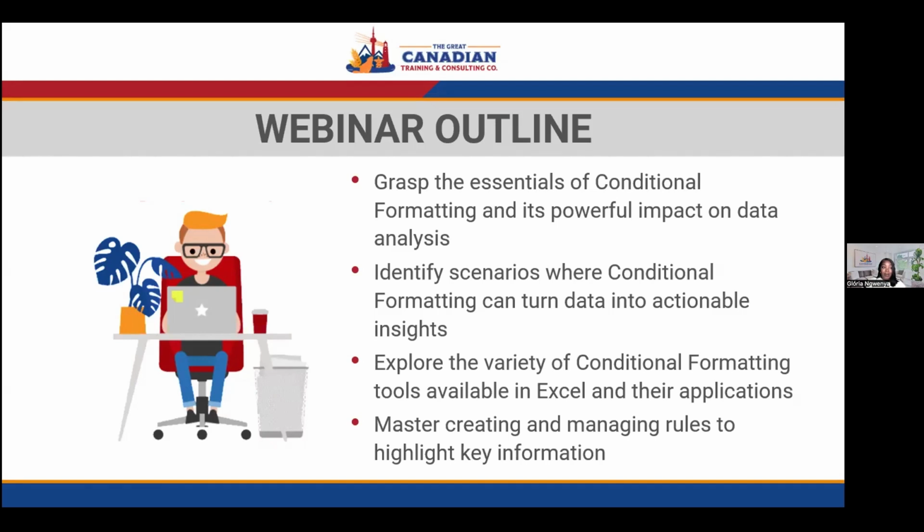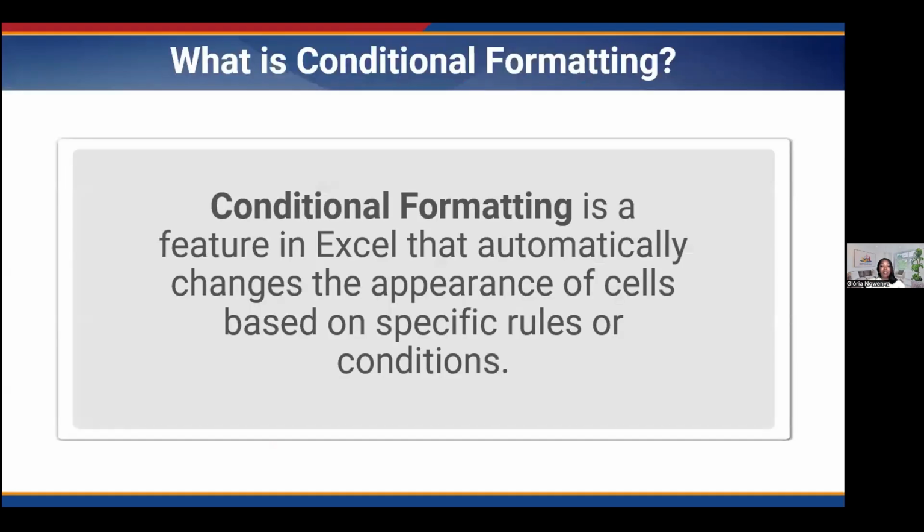Let's start by defining what conditional formatting is. The textbook definition is conditional formatting is a feature in Excel that automatically changes the appearance of cells based on specific rules or conditions.